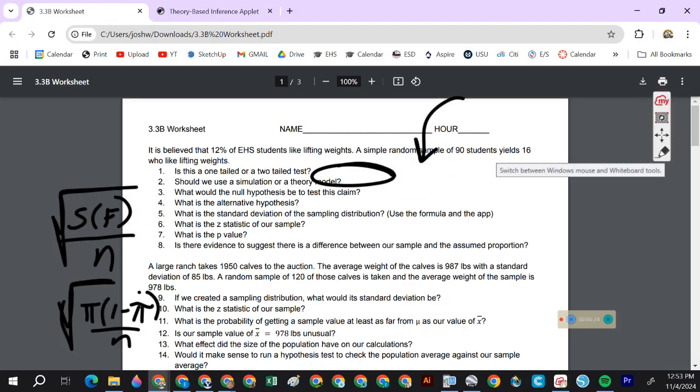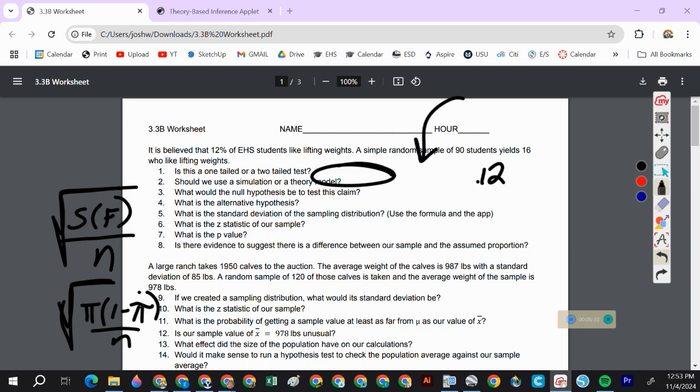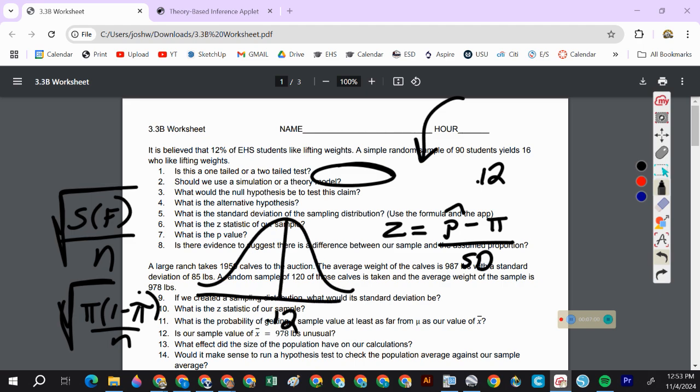So, what is the z statistic? So my percentage is 0.12. Okay. How do you guys remember the formula for z-score? Z equals our p hat minus pi divided by the standard deviation. Now, the formula might not make sense to you, but the idea should be pretty simple. So we expected to get 0.12.